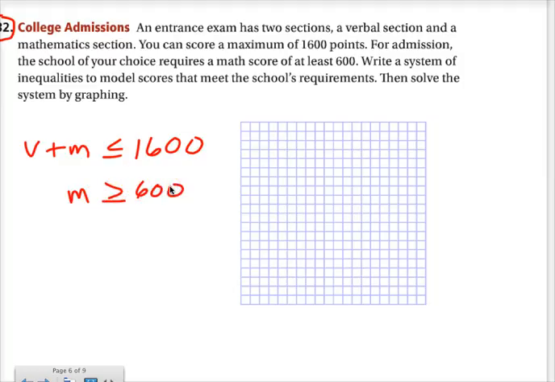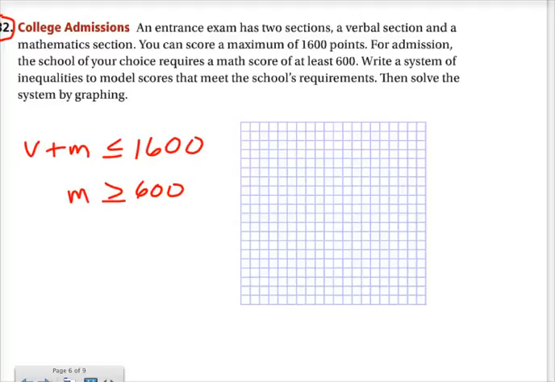And again, this says write a system of inequalities to model scores that meet the school's requirements, then solve the system by graphing. So we have those requirements listed up there right now. You have to make sure that your combined score is going to be less than or equal to 1,600, because that is the top score, and then your math piece must be greater than or equal to 600.